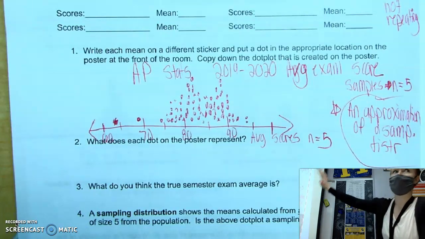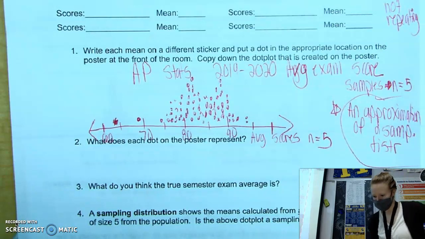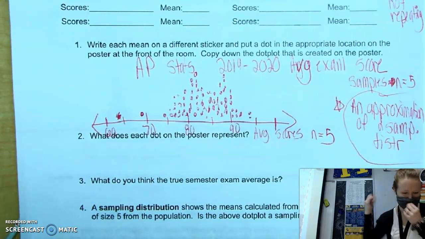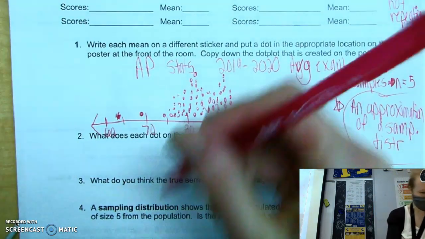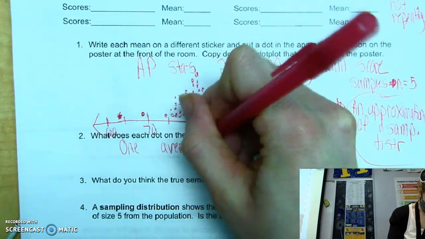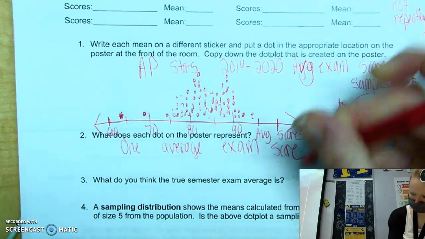I think there would have to be thousands of dots on the board for us to do that, and we can't guarantee that we have all of them, but we have a pretty darn good picture of what it's going to look like, right? So what does 1 dot on the whiteboard represent? Once again, that's 1 average exam score from a sample of 5.